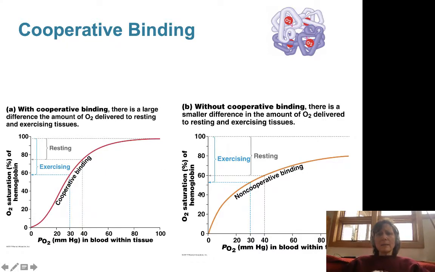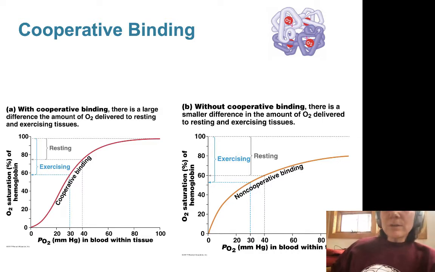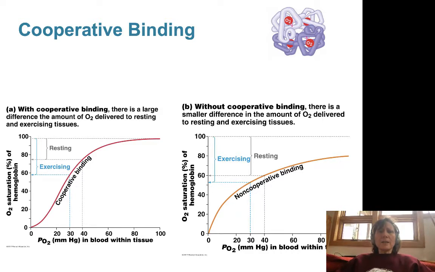Compare this, by the way, to a situation where you have non-cooperative binding. So notice that there's a much smaller difference in the amount of oxygen being offloaded at exercising versus resting tissues. It's about the same. And so this is no good. If your tissues are in distress, you need oxygen to get into them very, very quickly.